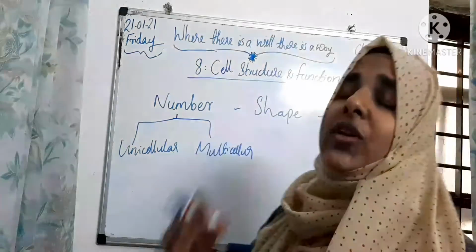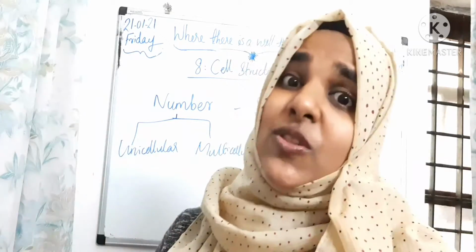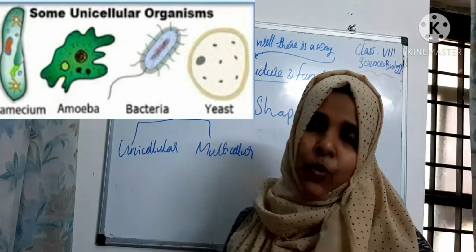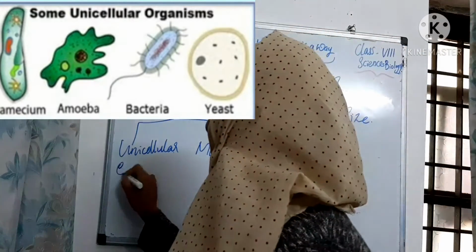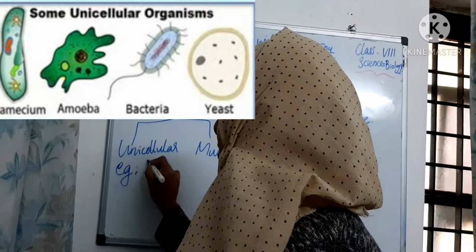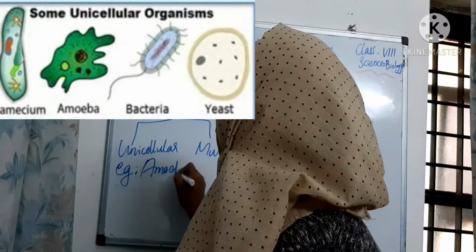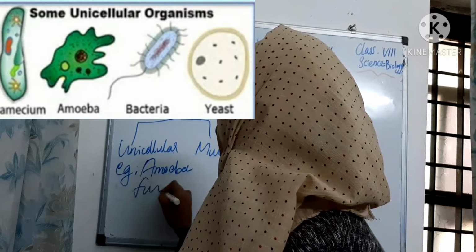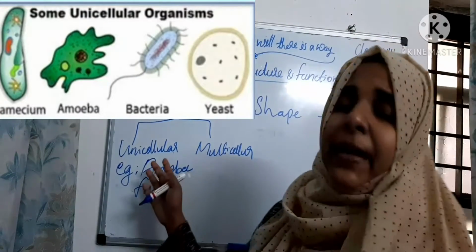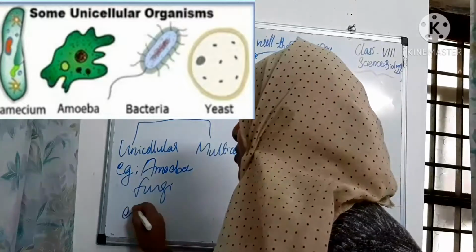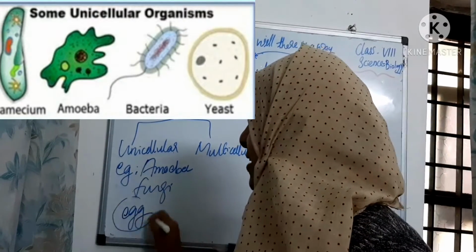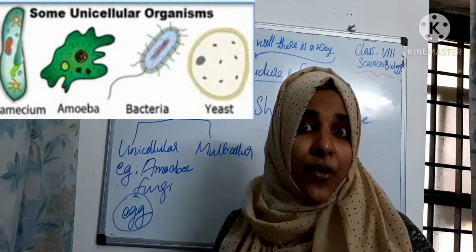Some organisms have only one cell in their body. Examples are amoeba, protozoa, fungi. These organisms are made up of only one cell, and the egg of a hen is also unicellular, only one cell we can see in the egg of a hen.